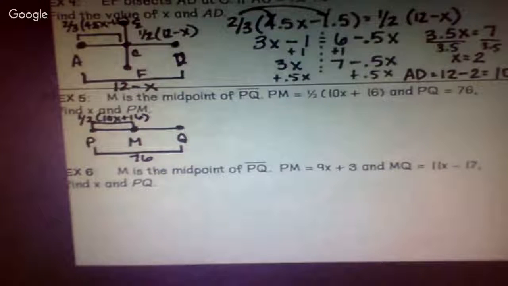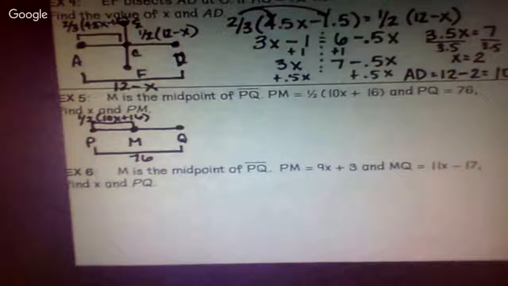Okay. So we're back in that same issue with example 4. Where normally you would take PM and add it to M, or set it equal to MQ because they're the same. But this time they only gave us PM and then the whole thing. What does MQ equal if the whole thing equals 76? 38.